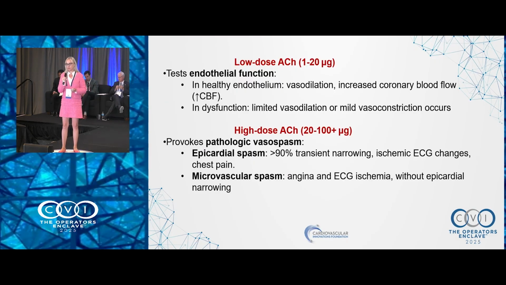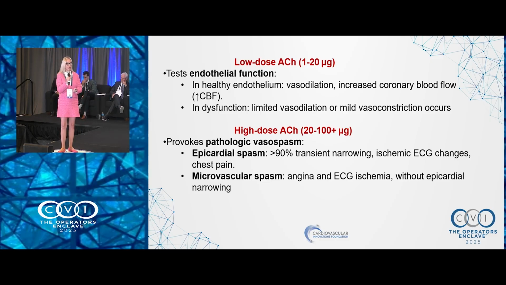In summary, we start with a low dose of acetylcholine. First is a test dose, which usually is between 2 to 20 micrograms, and this dose also triggers the endothelial function of the vessel and helps us understand how the coronary blood flow changes based on abnormalities on endothelial level.